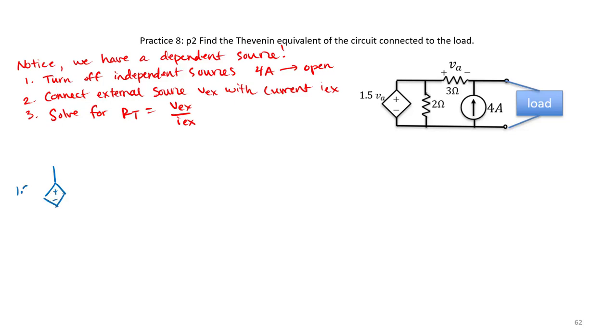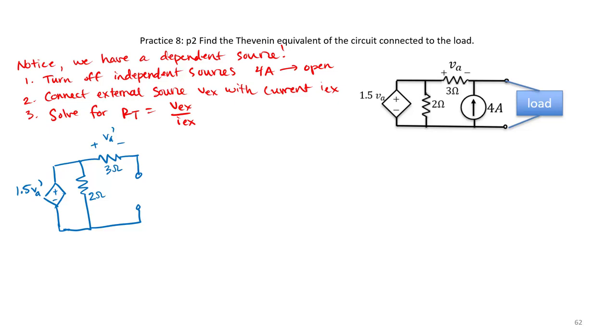I'm going to replace my dependent voltage VA with voltage VA prime, just to avoid confusion, because since I'm turning off that current source, my voltage VA is going to be different. Notice my current source becomes an open, but I still have my 2 ohm and 3 ohm resistors in there.